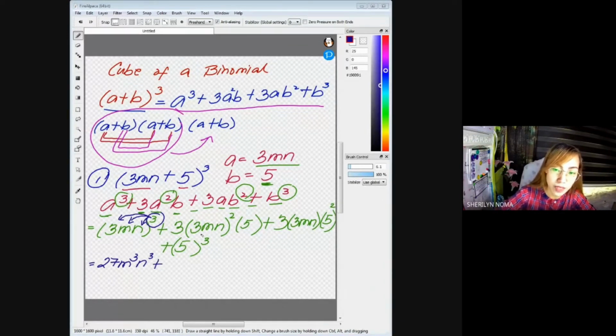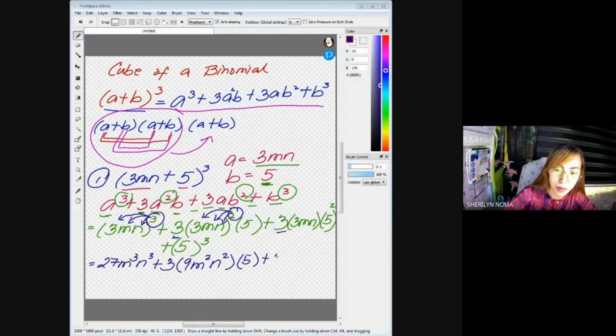Next term, plus. Okay, so let us just, ito muna ha, yung nasa exponent muna. So 3 squared, 9. Okay, so copy muna natin yung number outside the parentheses. So we have 9, and then again, distribute yung squared kay m, distribute kay n. So n squared, and then the 5. Okay, next, third term.